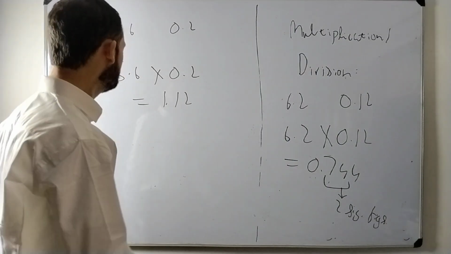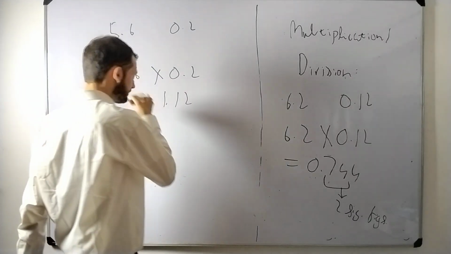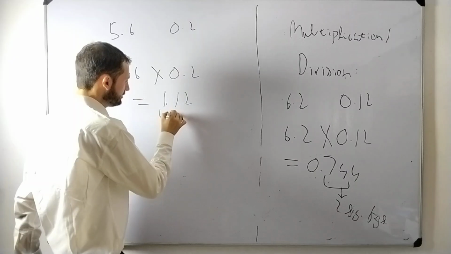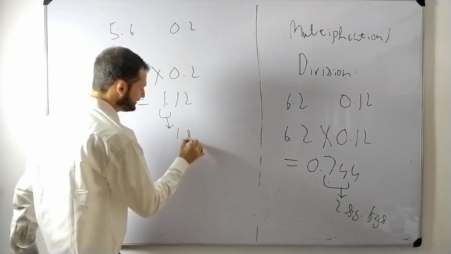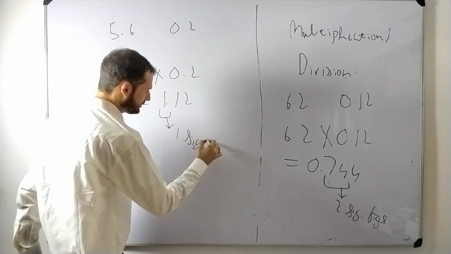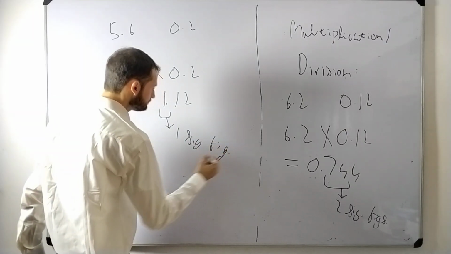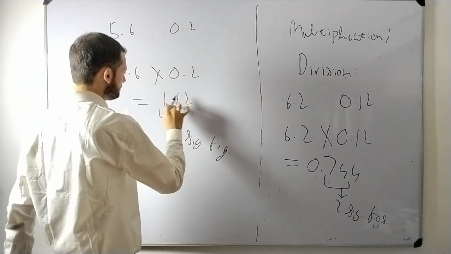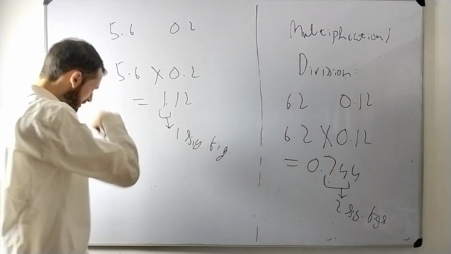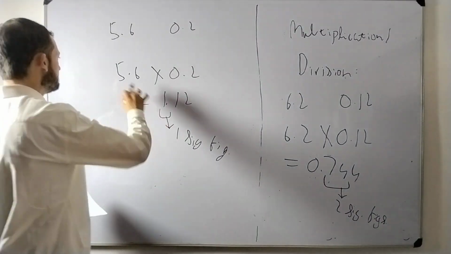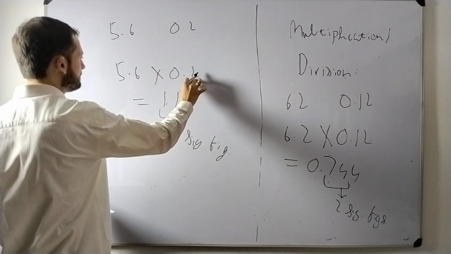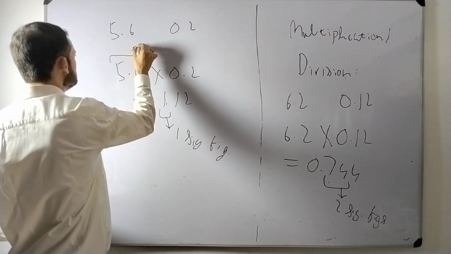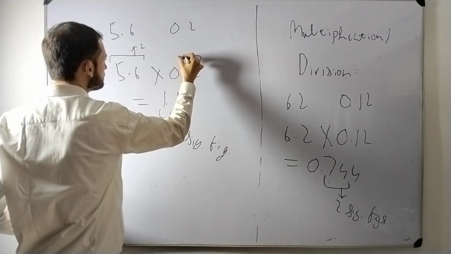Okay, 1.12. What are the significant figures, sir? Actually, sir, it has only one significant figure. That is one only. You don't take into account 0.12, just the one significant figure. So, but here two significant figure, here only one. So you take into the count one significant figure.